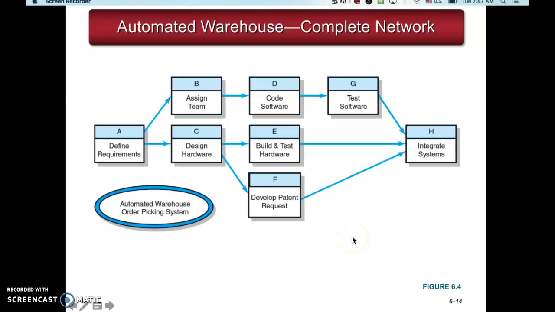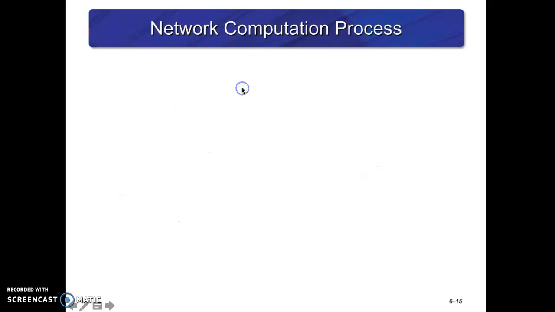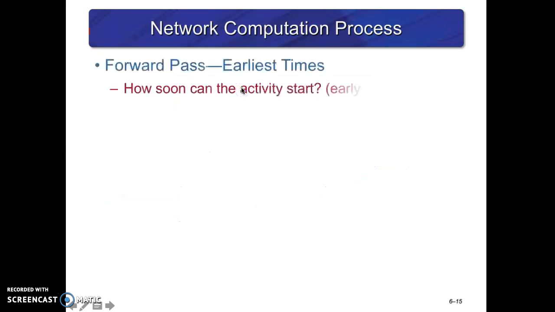So once you have a complete network diagram that shows all the logical relationships among and between all work breakdown structure tasks, the next thing for you to do is what we call a computing process.